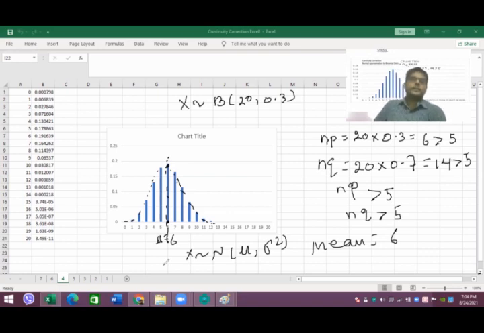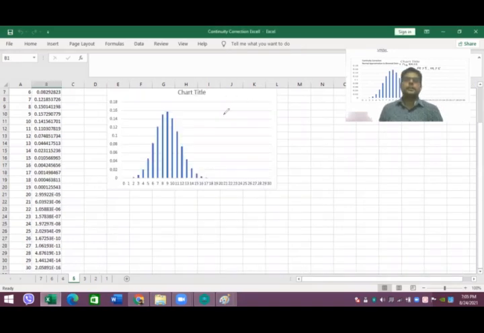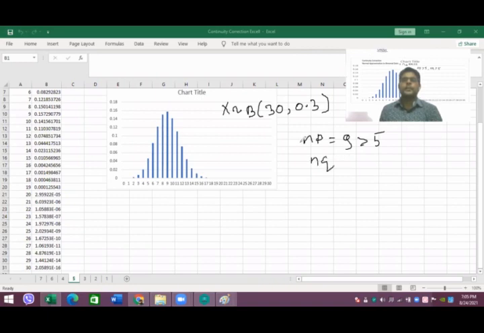Now let's further increase the value of n, the number of trials. This is a graph for x follows binomial distribution with parametric value. You can see we have increased n from 20 to 30 now, and I am still taking the same probability, 0.3. If you multiply n and p, it is going to be 9, which is bigger than 5, and n times q is going to be 21, which is again bigger than 5.